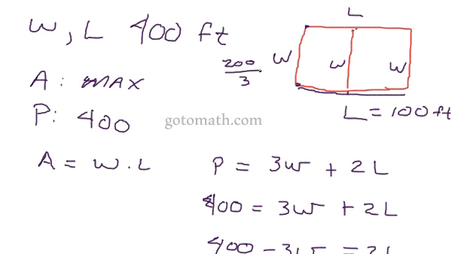Of course, let's not leave off our units here. All right. And anyway, this is equal to, I think I rounded it there, 66.7 feet. So at least that gives us an idea, right, of what our W is.